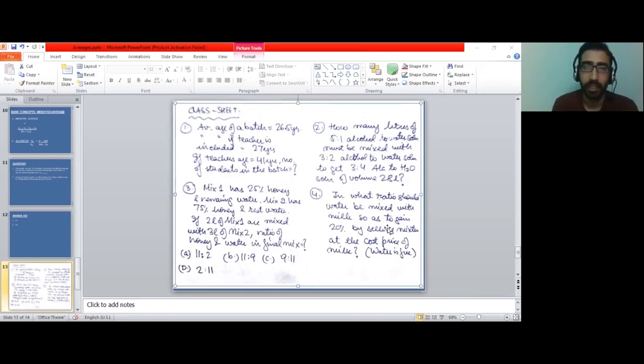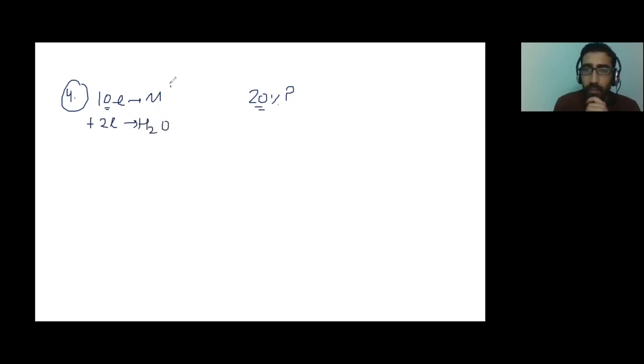What I mean to say in terms of values is that, if I had 10 liters of milk, and if I'm selling at the same price as I am buying, then how will I get 20% profit? I'll only get 20% profit if in these 10 liters of milk I add 2 liters of water. Because say the price I bought was ₹1 per liter.